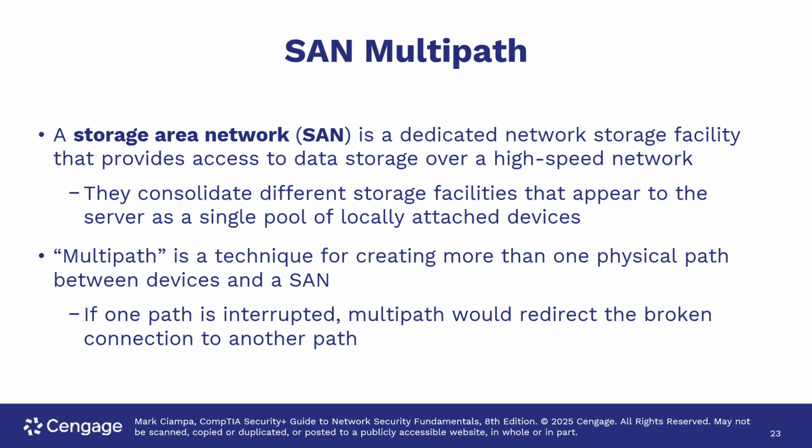They consolidate different storage facilities that appear to serve as a single pool of locally attached devices. Multipath is a technique for creating more than one physical path between the devices and an SAN, your storage area network. If one path is interrupted, multipath would redirect the broken connection to another path.